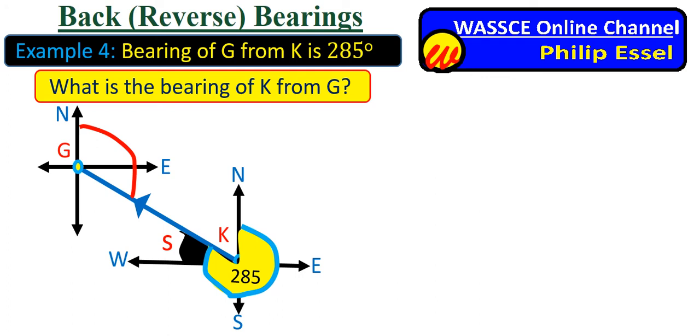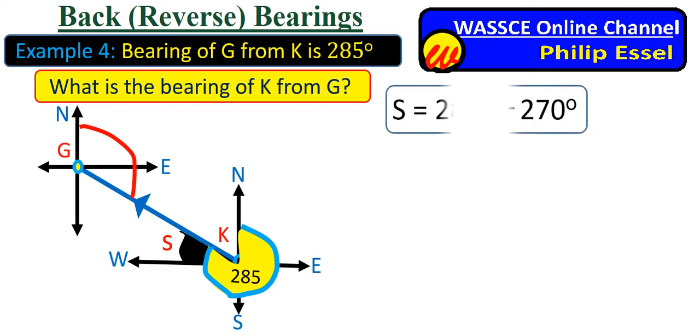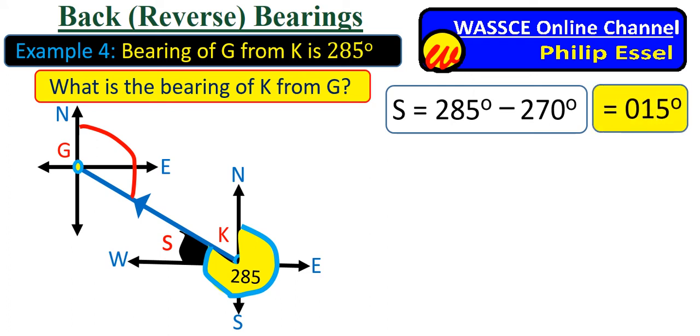So to find the value of S, we simply need to subtract our 270 degrees from the 285 degrees. When you subtract 270 degrees from 285 degrees, you would get 15 degrees. What this means is that the value of S is 15 degrees.